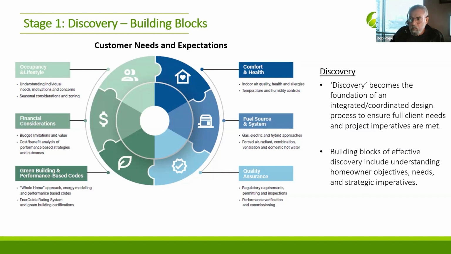And so what we see as missed opportunities is, they wanted cooling, they didn't get it. That's a big one. That happens a lot.